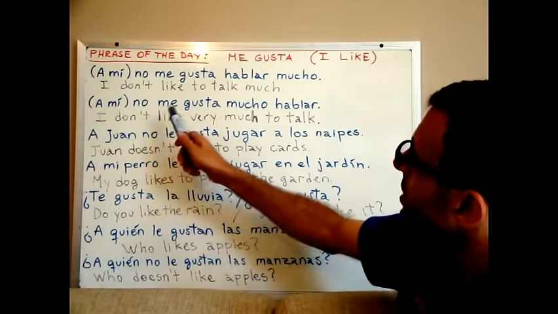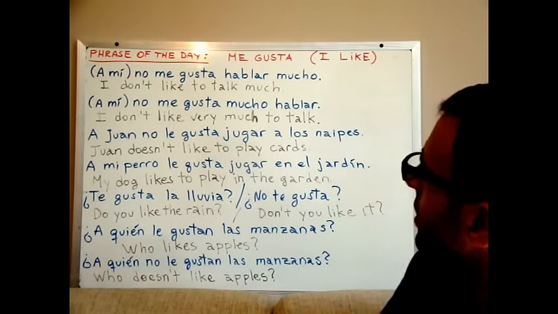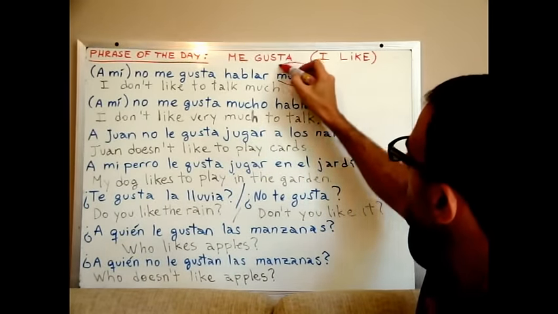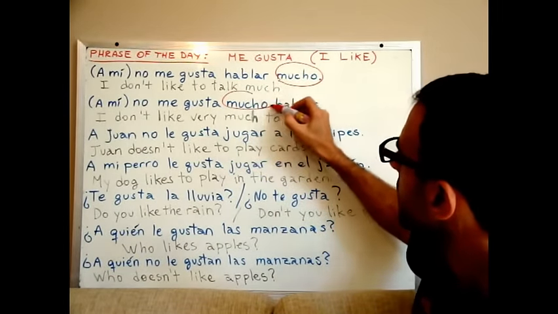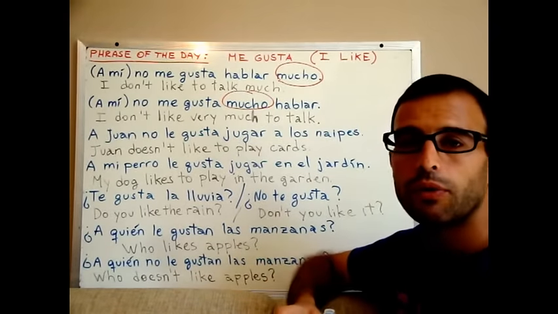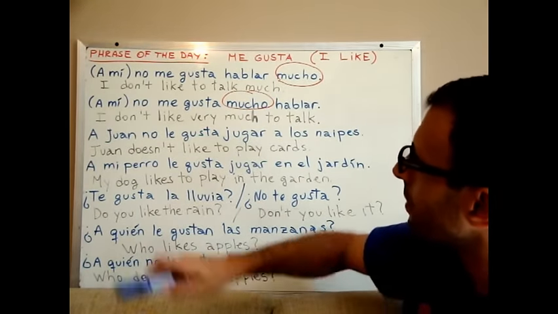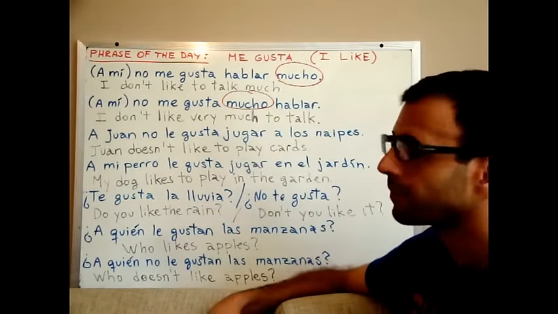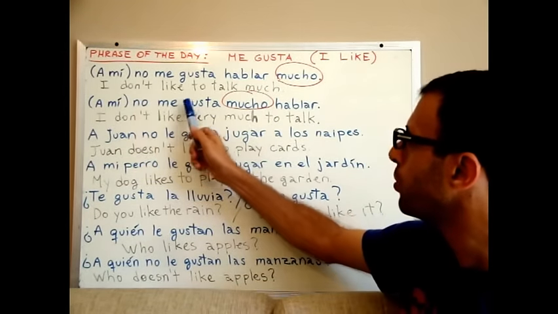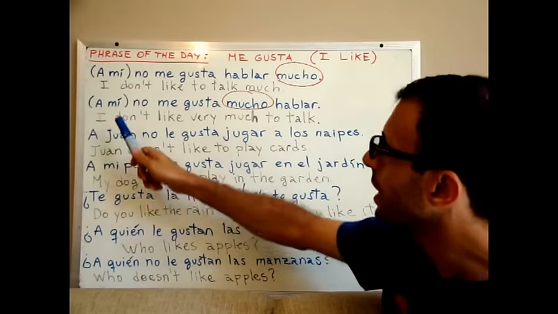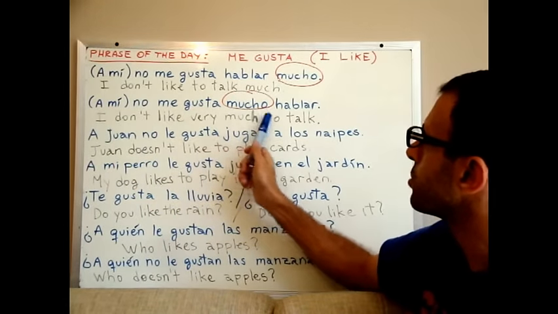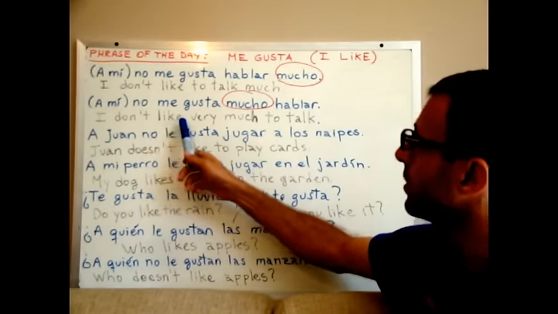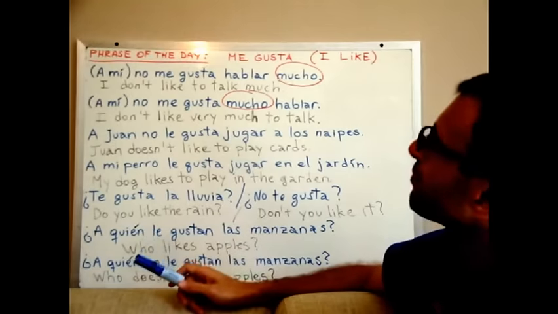So if we just change the order of the word mucho, we'll see how the meaning changes, right? A mí no me gusta mucho hablar, or simply no me gusta mucho hablar. This means I don't like very much to talk, right? So the first one is I don't like to talk much, and the second one is I don't like very much to talk.